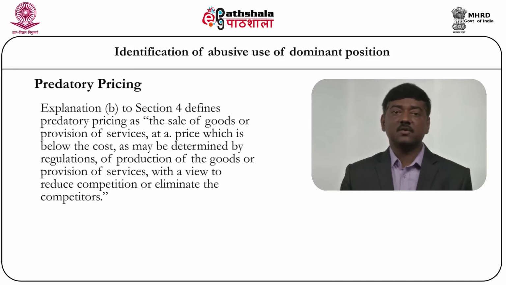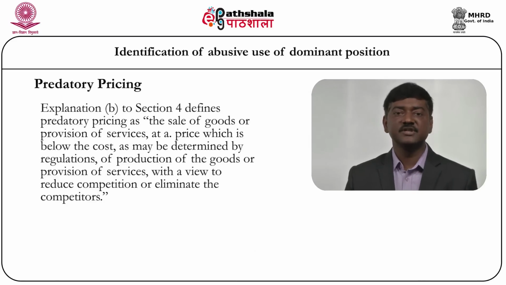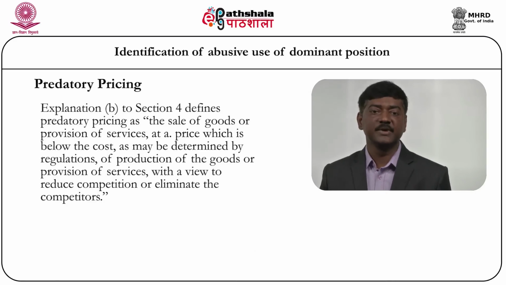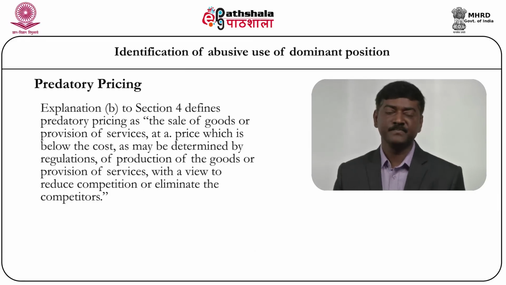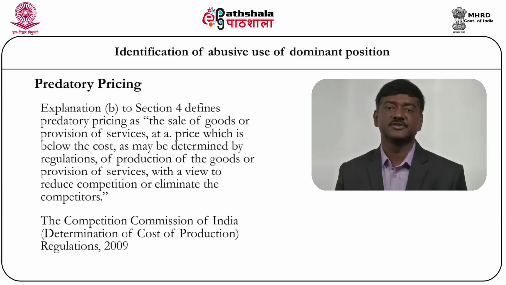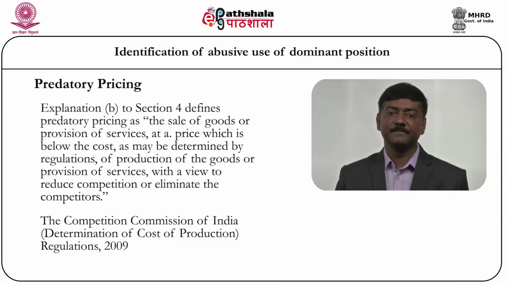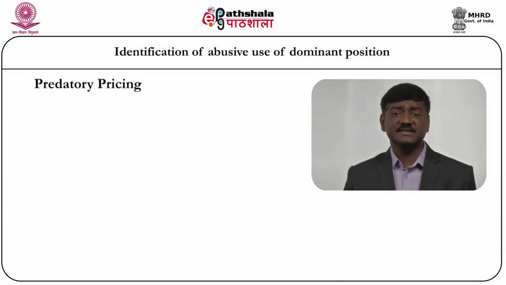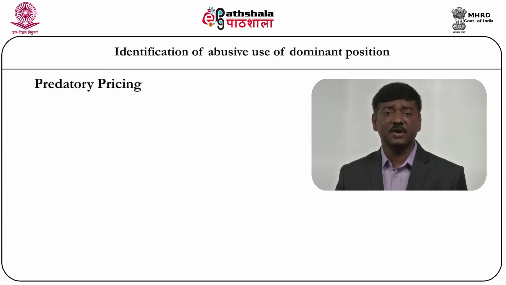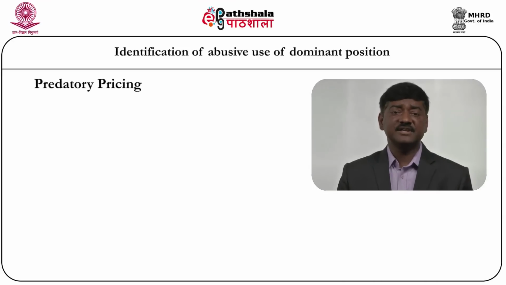Now, for determining the cost factor, there is a regulation framed by the Commission to find out the appropriate cost standard which needs to be considered, and that is the Competition Commission of India Determination of Cost of Production Regulations 2009. Briefly, this regulation says that, unless justified, selling a product by a dominant enterprise below the cost of production, to be taken as average variable cost generally, would be predatory pricing.